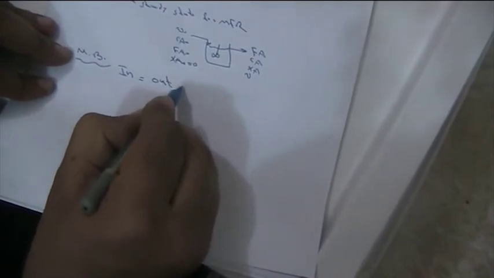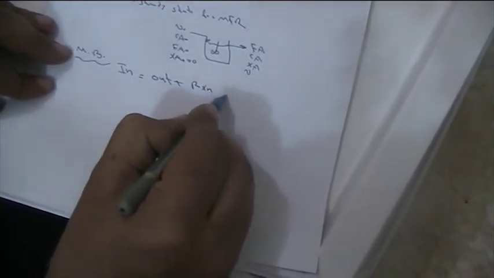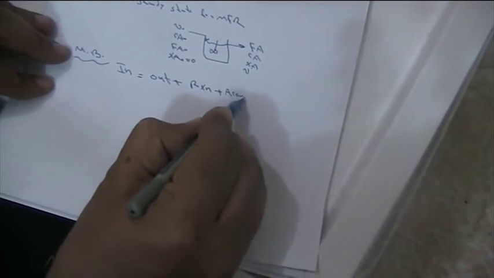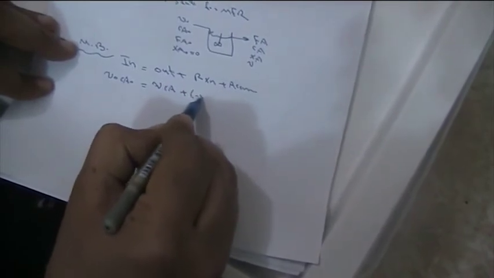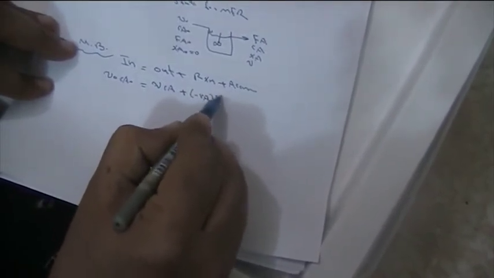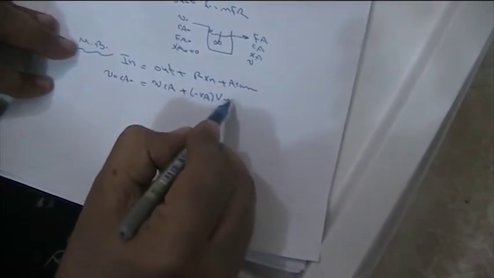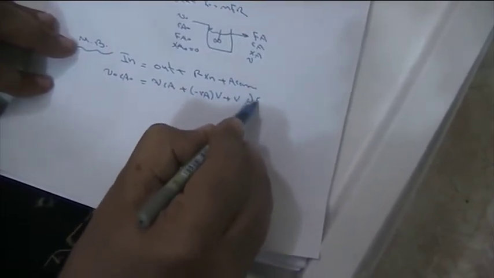So by making a mole balance here, in equals out plus reaction plus accumulation. So V naught CA naught will equal V CA plus minus RA multiplied by volume plus volume dCA over dt.